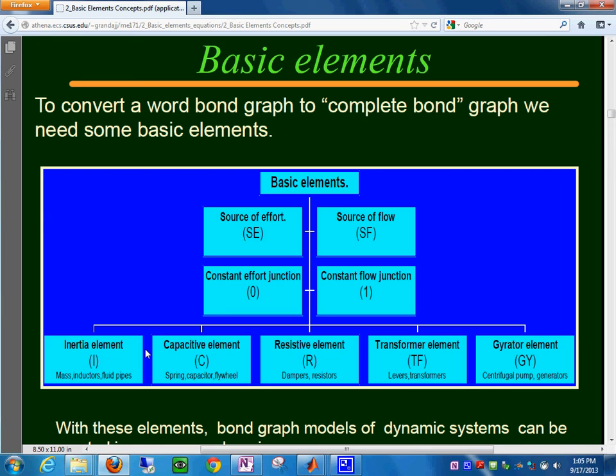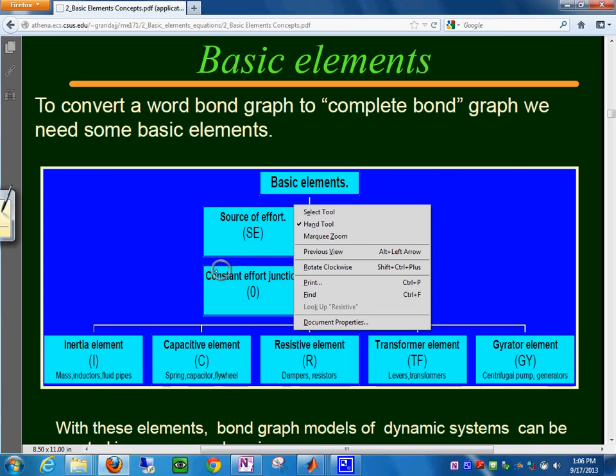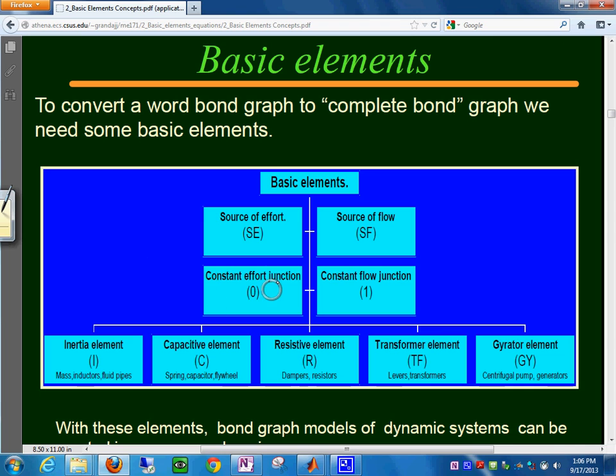So you have these basic elements where there are two sources. In this case, you have the effort junction, and you have a zero junction, a 0 and a 1.